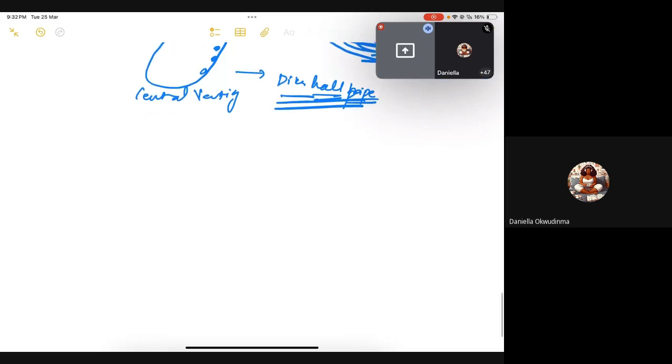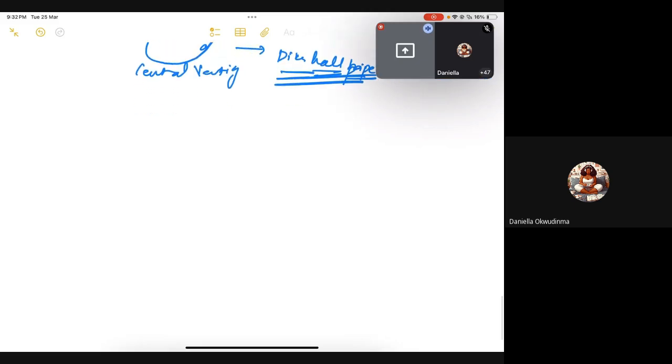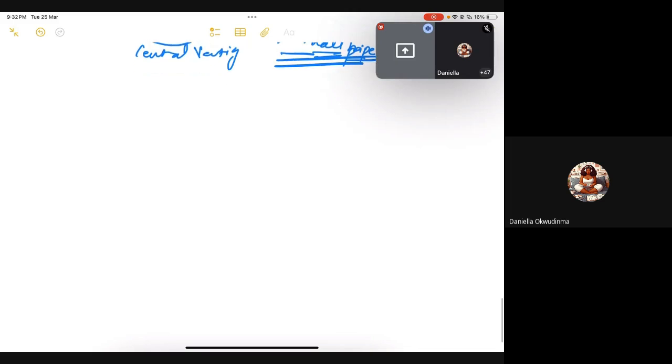Basically, we have several differences between peripheral vertigo and central vertigo, right? The vertigo seen in this condition, benign paroxysmal positional vertigo, is due to a change in head position.